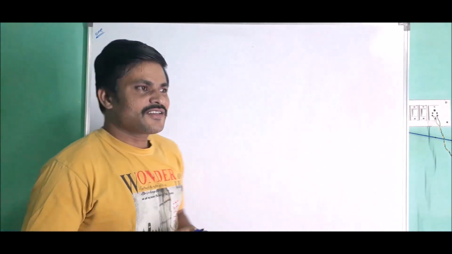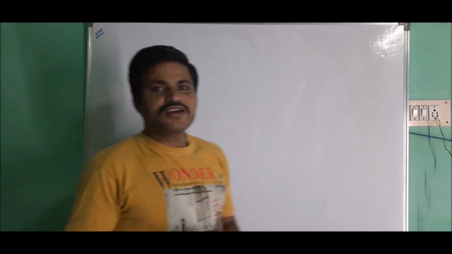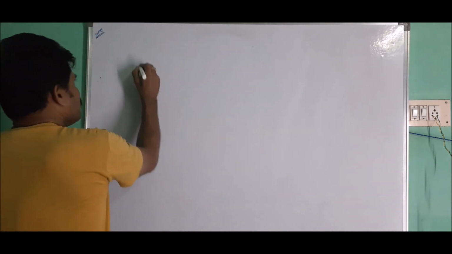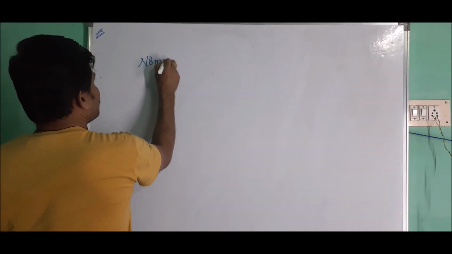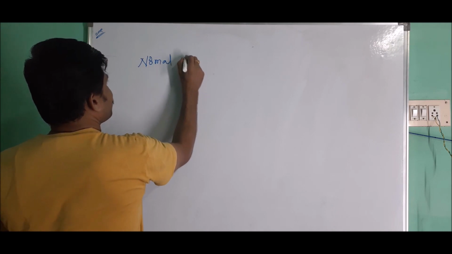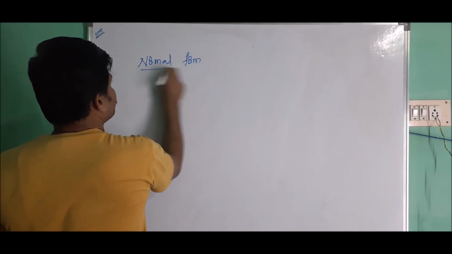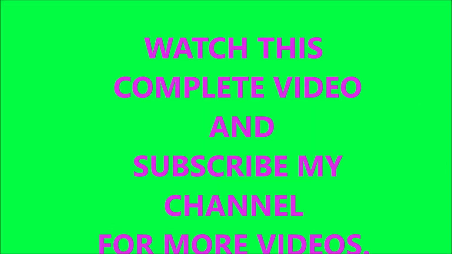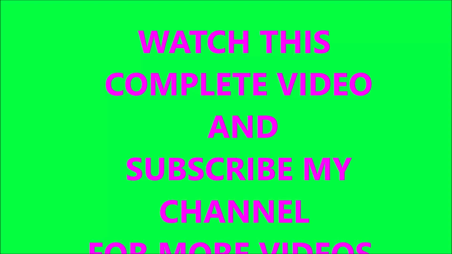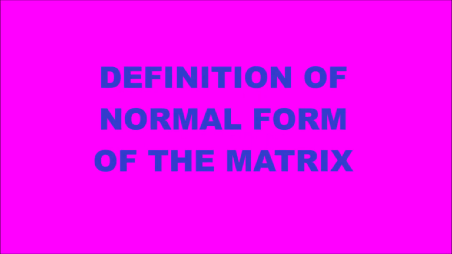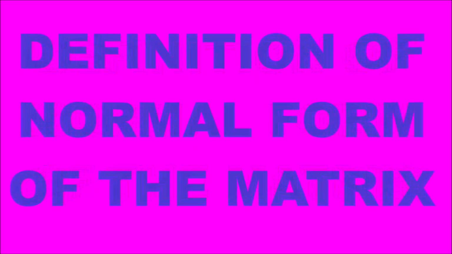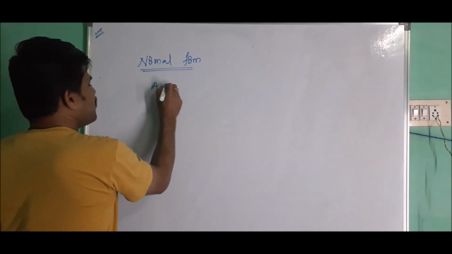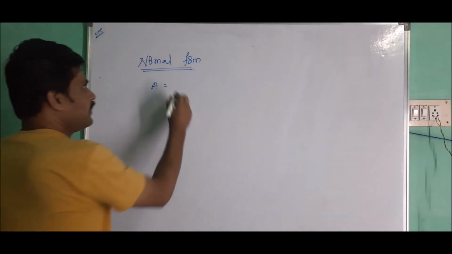Today we discuss how to find the rank using normal form. Here, first of all, we discuss the definition of normal form. Now we take any matrix of order m by n.